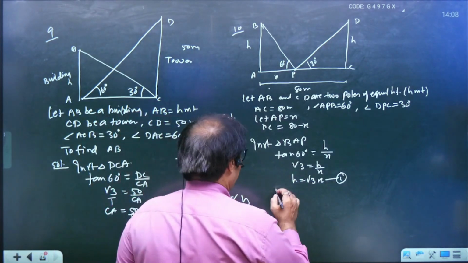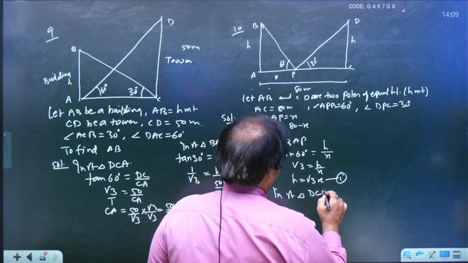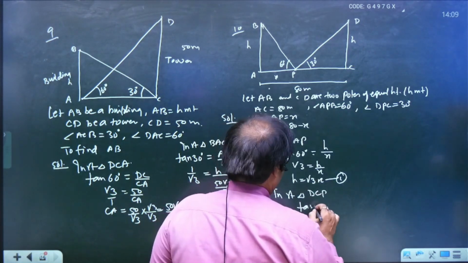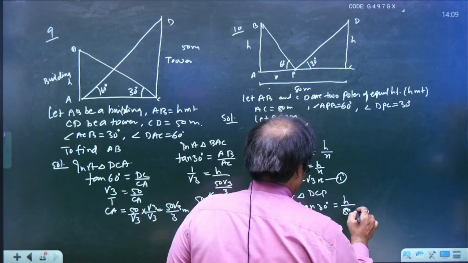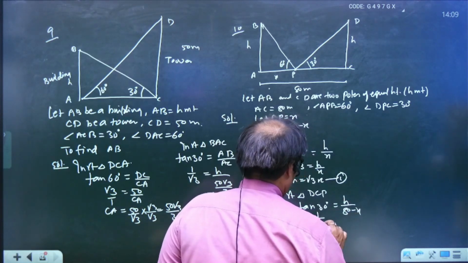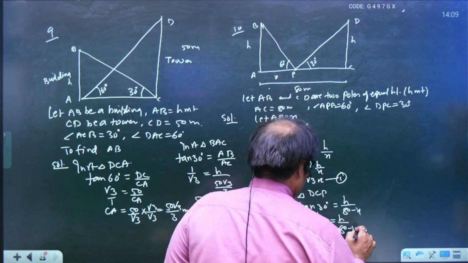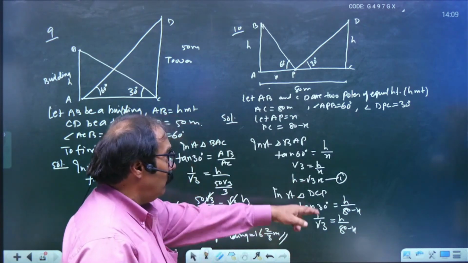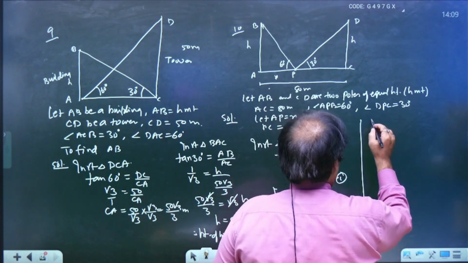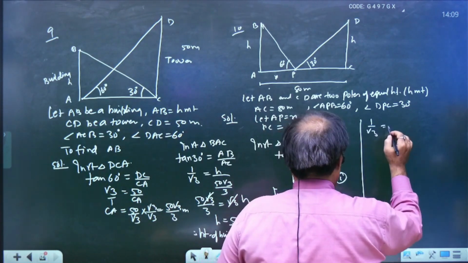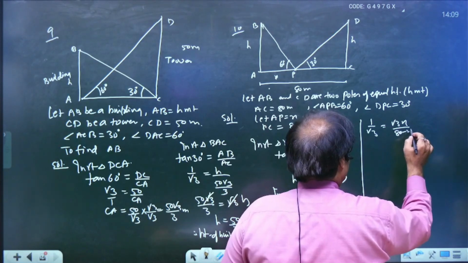Now move to right triangle DCP, and tan 30 degrees is equal to h upon 80 minus x. So 1 by root 3 is equal to h upon 80 minus x. Now put the value of h from this relation: 1 by root 3 is equal to root 3 x upon 80 minus x.